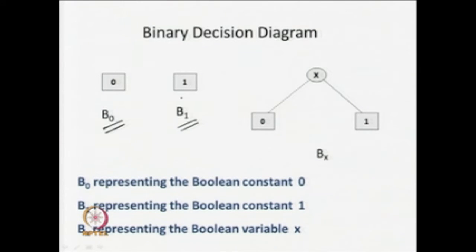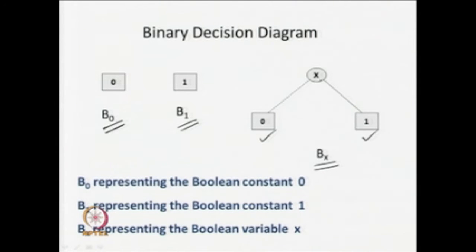And another BDD we are having, which represents any Boolean variable. So, if we label by x, then we are going to say this is the BDD for the Boolean variable x, and we say this is your Bx. So, what it says is that x is having two outgoing edges, one dashed, second one is your solid. Dashed line is pointing towards the Boolean constant 0, and solid line is pointing towards the Boolean constant 1.